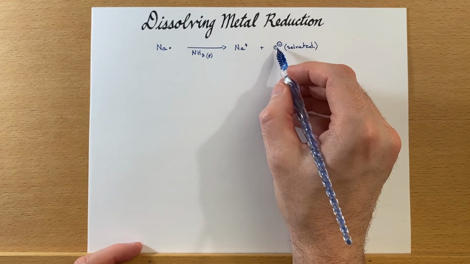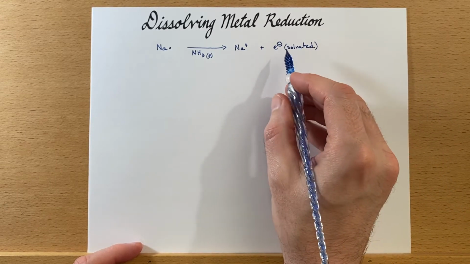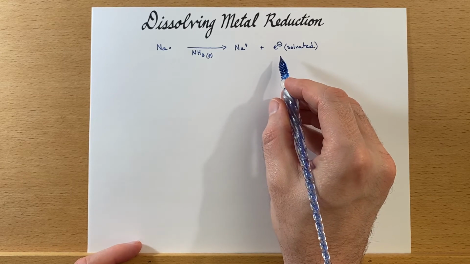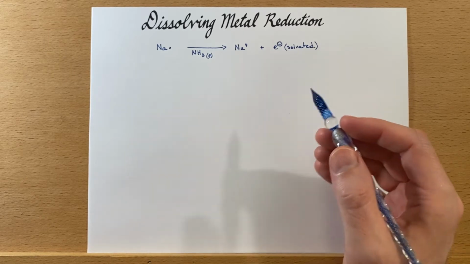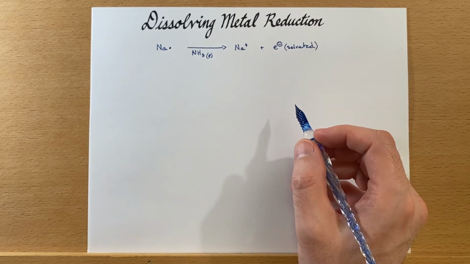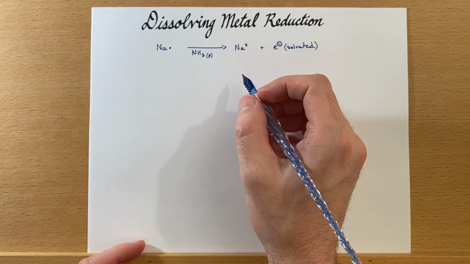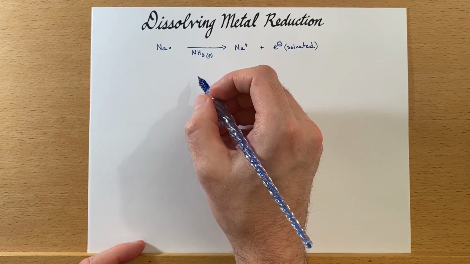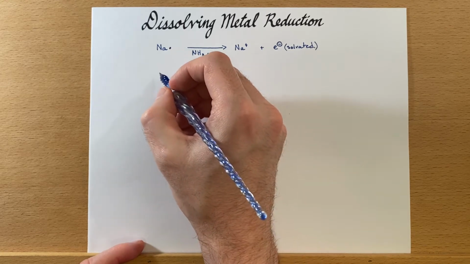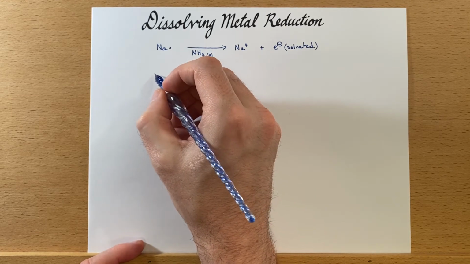Now, these electrons are not really attached to any particular atom. They are in the solution and available for reaction, and they're relatively reactive. And as such, we can use these to perform hydrogenation reactions.